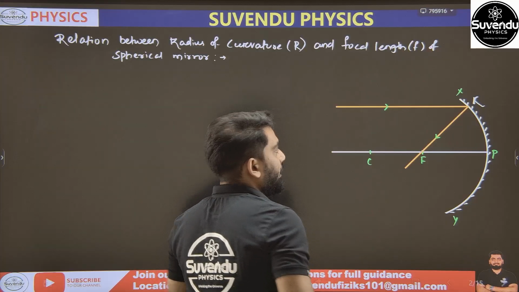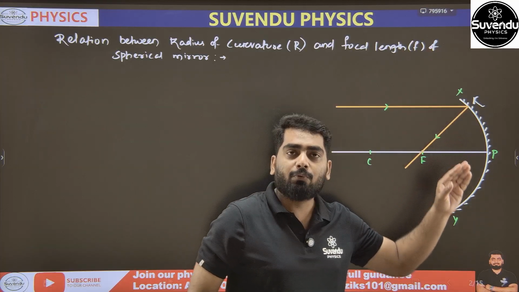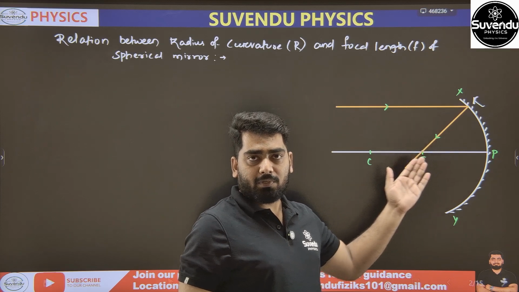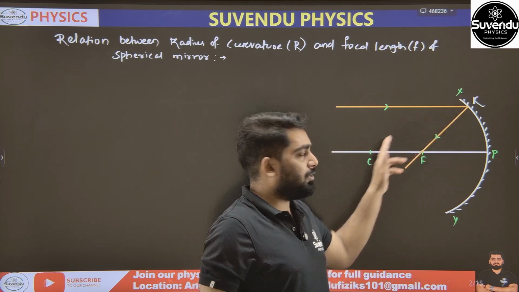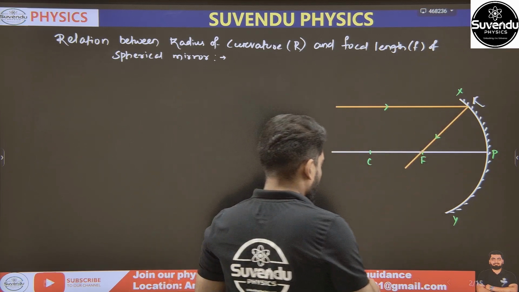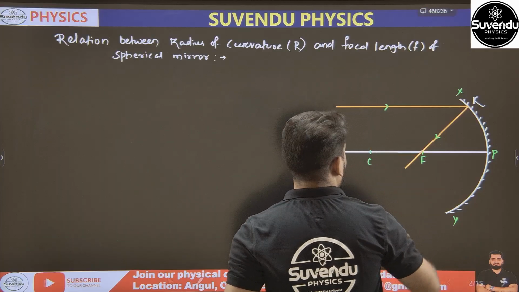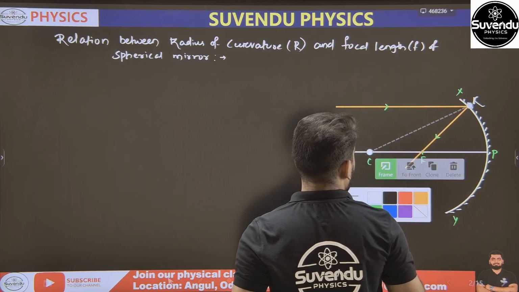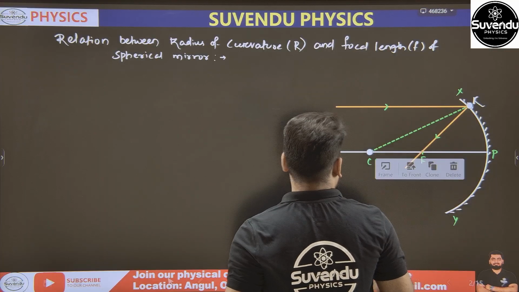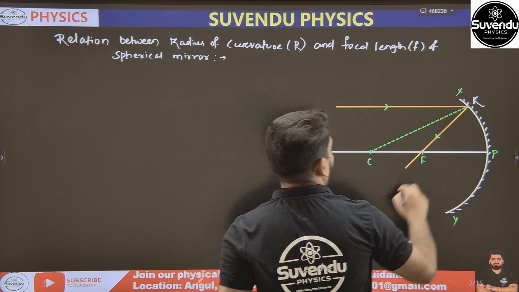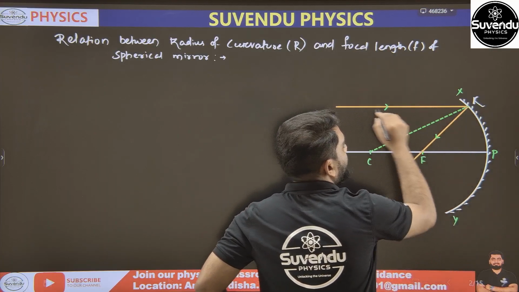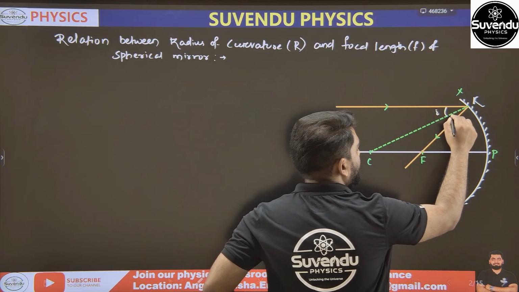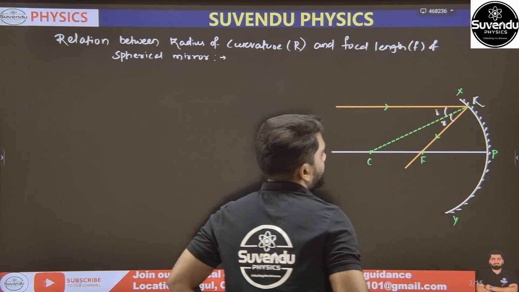Okay. So at the point of incidence K, how can we draw the normal? We know to draw the normal at any point on a spherical mirror, join that point to its center of curvature. Now see, I am joining it. Join point K with the center of curvature, and this line represents the normal at the point of incidence K. So this is the incident ray, this is the normal, so this will be angle of incidence i, and this is our angle of reflection r.